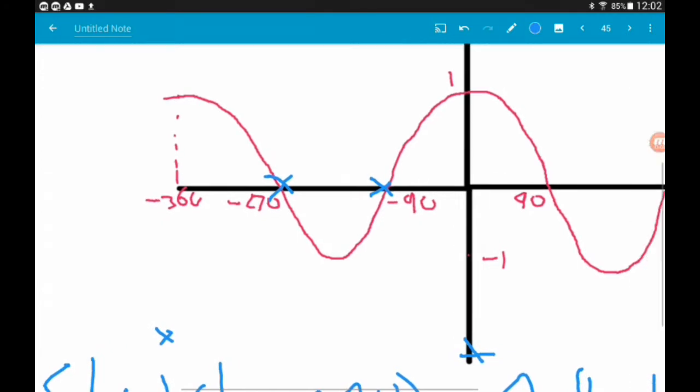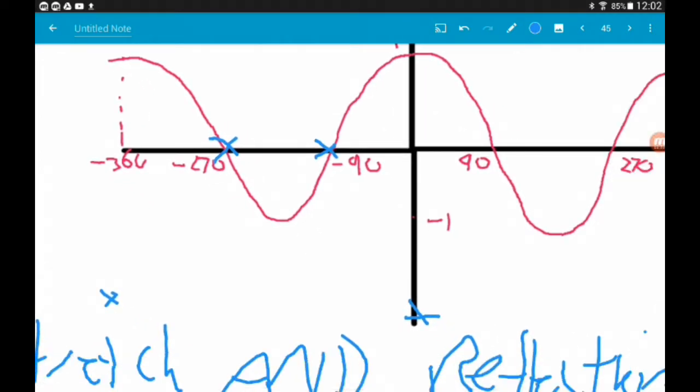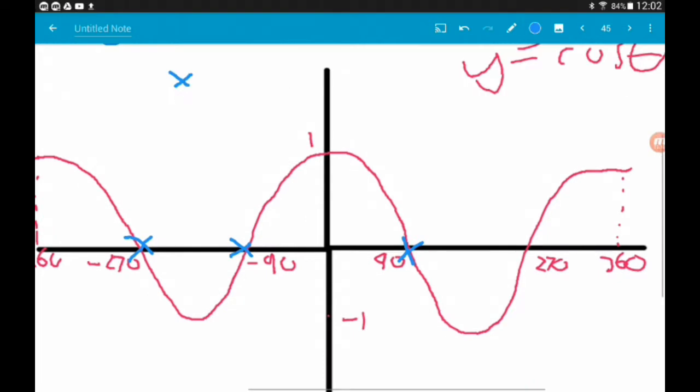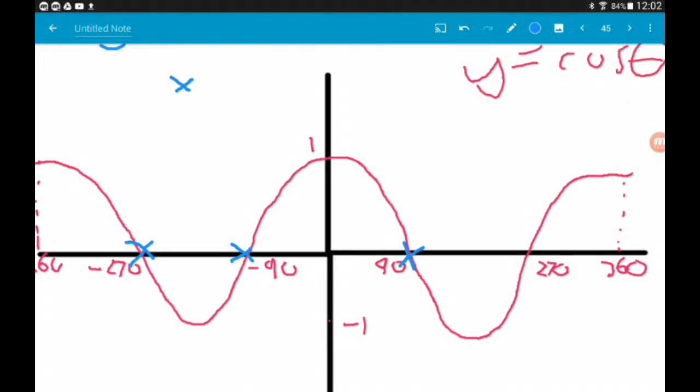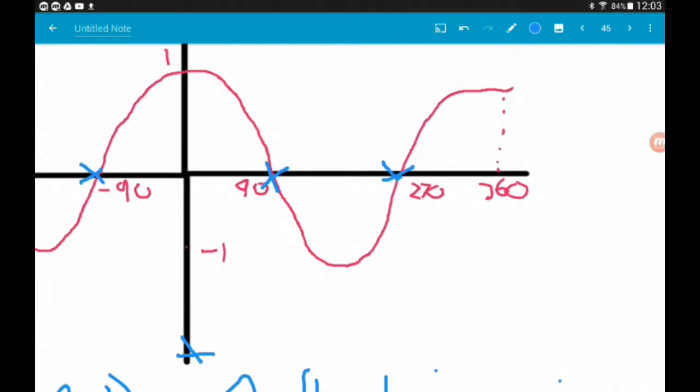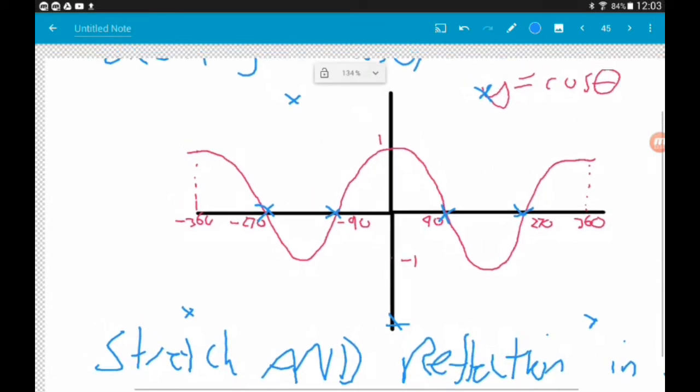Then we're going to go through the x-axis at 90. What was our trough at 180 is now going to be a peak up at +2. And then we're going through the x-axis again, and our last point will be at (360, -2). So there are our points.